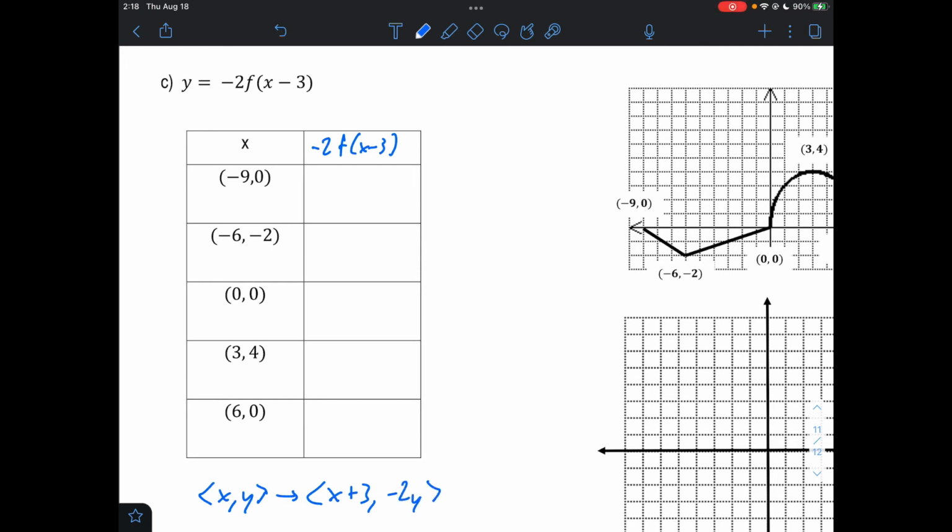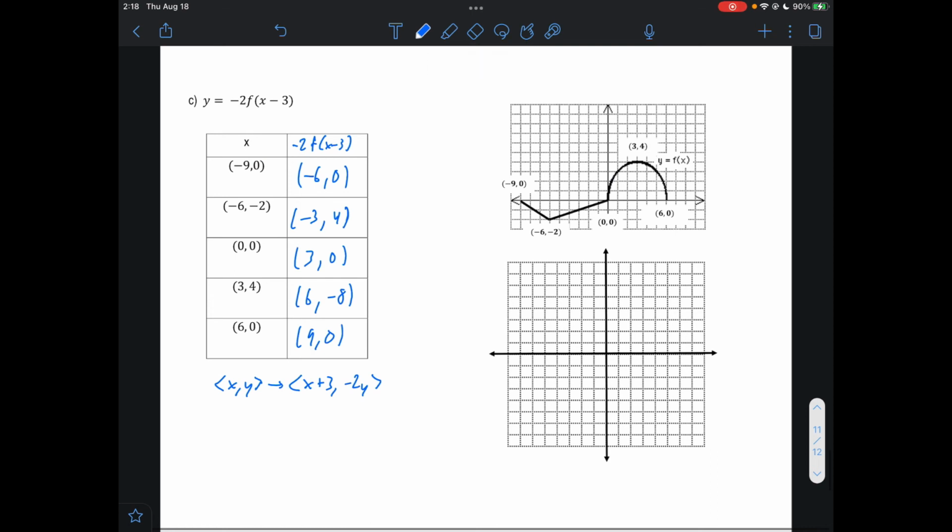All right, so our points are going to be -6, 0. -3, 4. 3, 0. 6, -8. And 9, 0. So if we plot these, -6, 0, -3, 4, 3, 0, 6, -8, and 9, 0. So it should look like this.